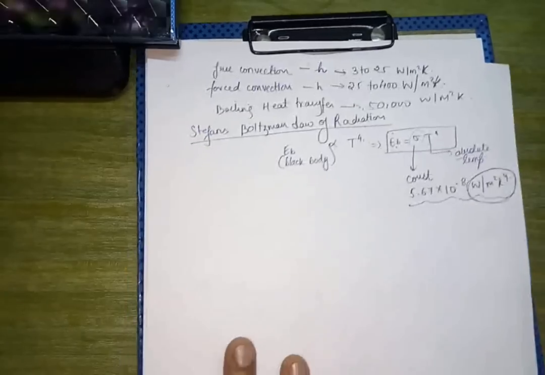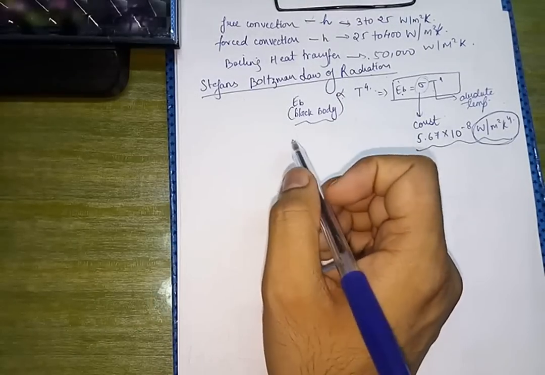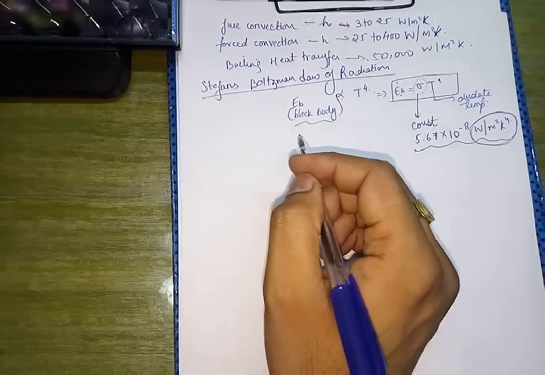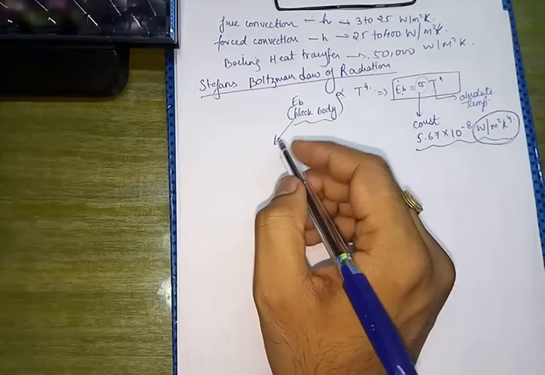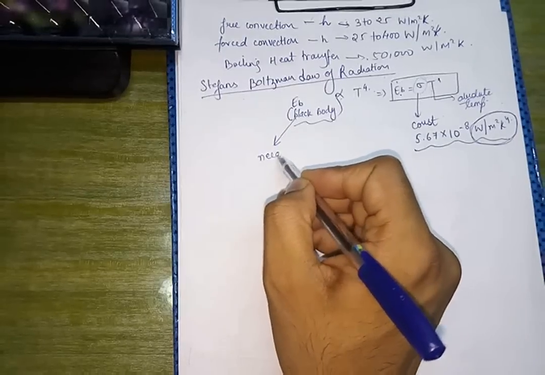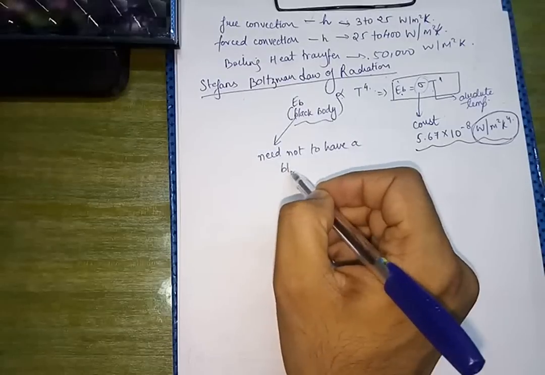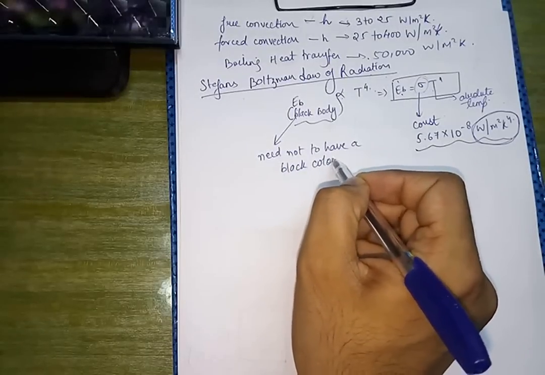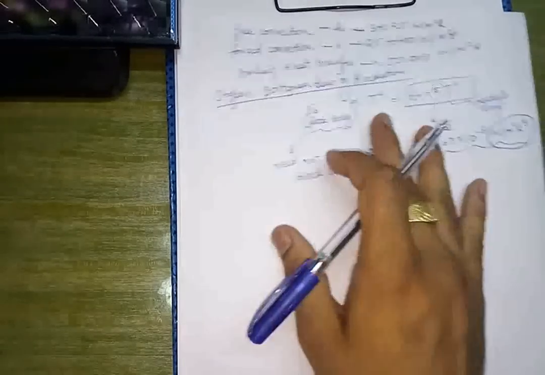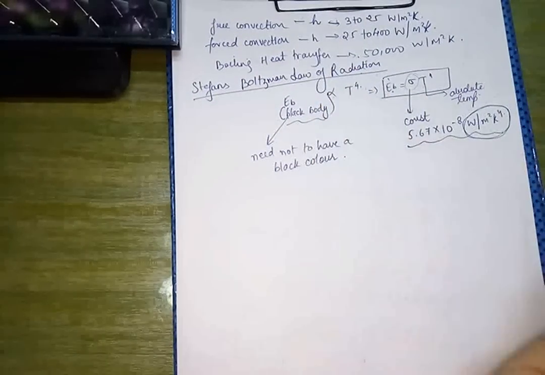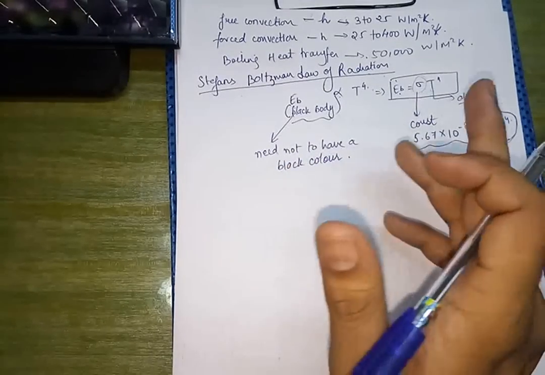Now we have introduced the concept of a black body in our discussion. Let us quickly see what actually a black body is. A black body doesn't necessarily have a black color; it may be of any color. Why is it called a black body? Because it absorbs all the radiation falling on it, and it emits all the radiation.